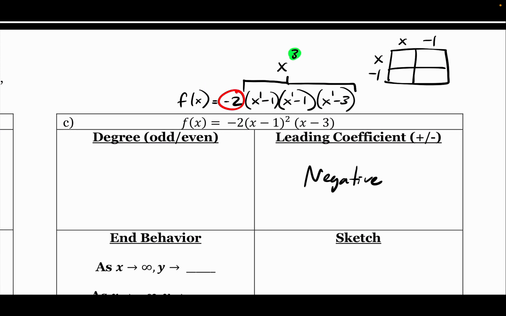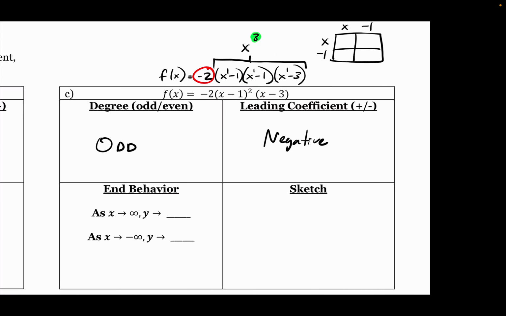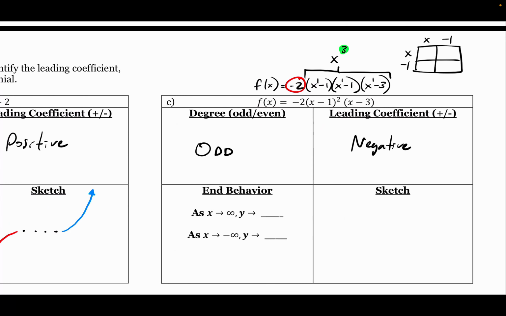So the degree is odd this time. Odd negative looks like the bottom one on our table. So it would be this arrow and this arrow.